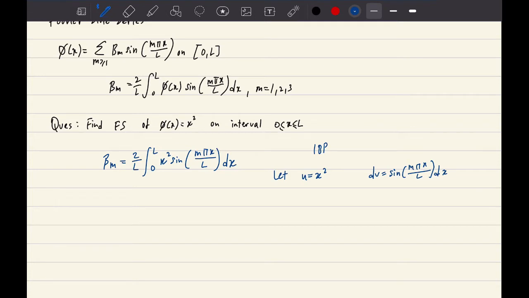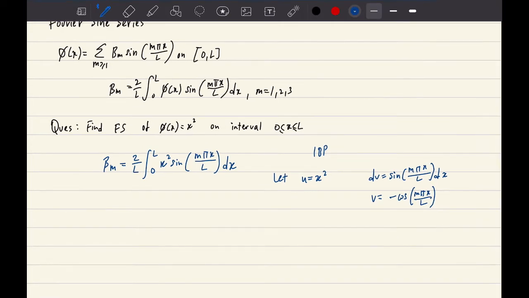Then what we do next is integrate this. v is equal to the negative of cos of the whole thing, over the derivative of the inner part of cos, but I'm just going to write it like this because it's easier to see.